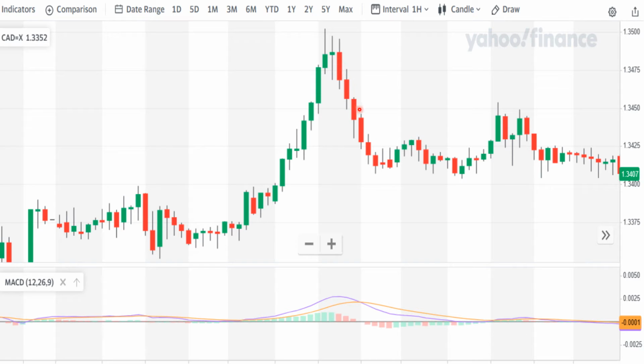Here the trend is going downward, and the histogram bars also confirm this. So the MACD indicator further confirmed these two reversals by displaying bullish green histogram bars for an uptrend and bearish red bars for a downtrend.